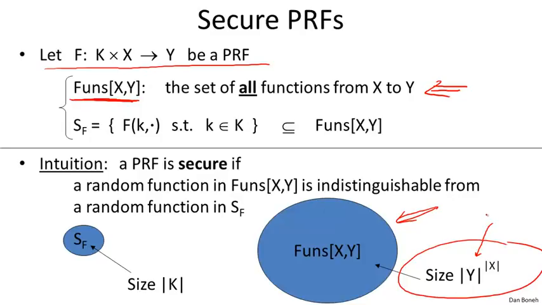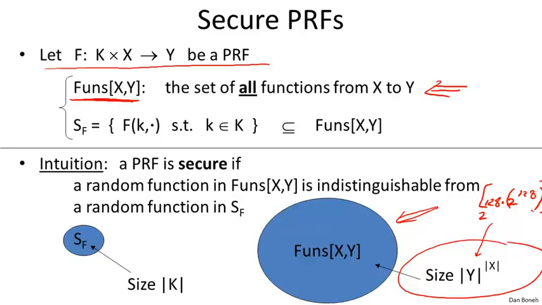So for AES, the size of the set is enormous. It'll be 2 to the 128 times 2 to the 128. So it's kind of a double exponential. This is a gigantic number. This is more particles than there are in the universe. But regardless, we can think of this set abstractly. We never have to write it down. We can just keep it in our head and not worry about computing on it.